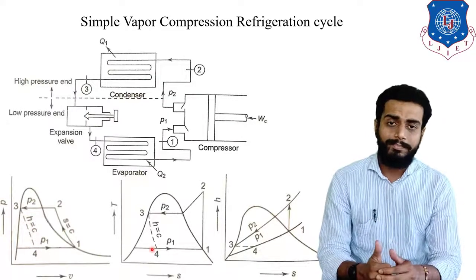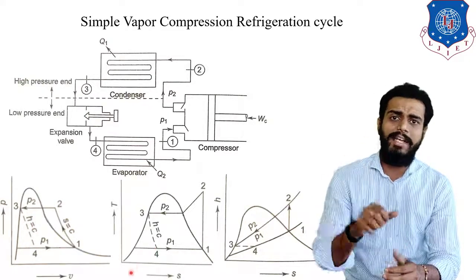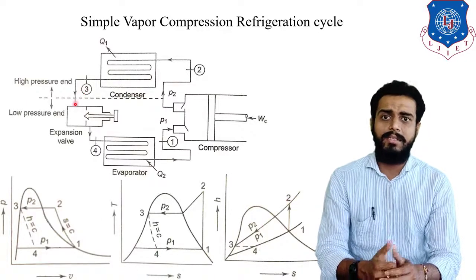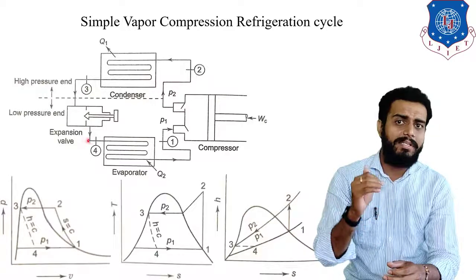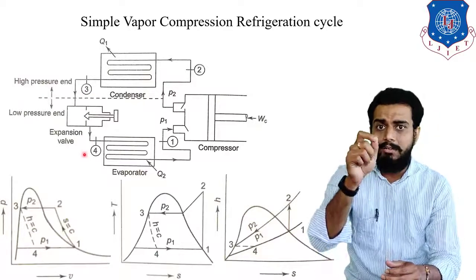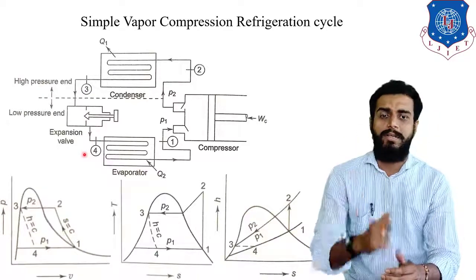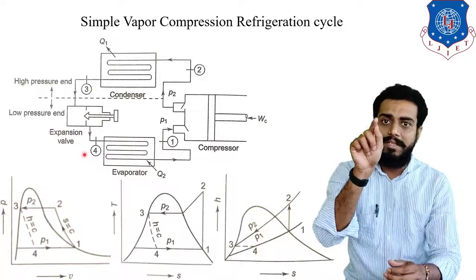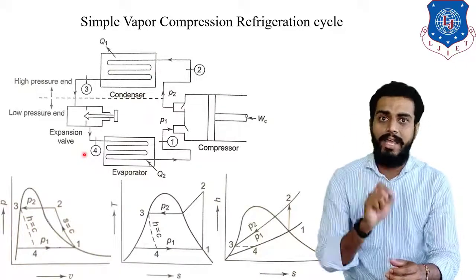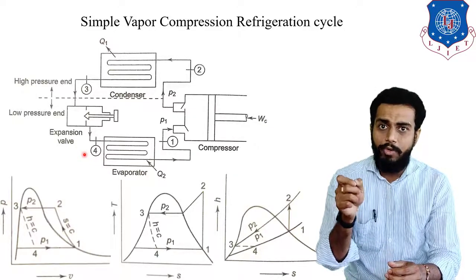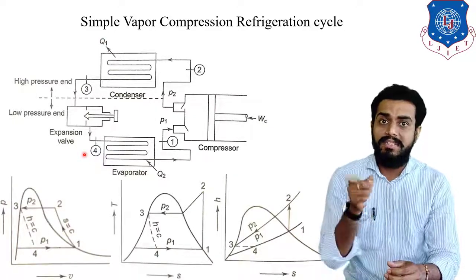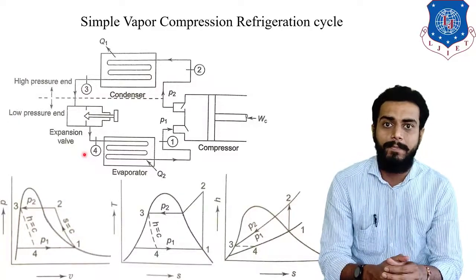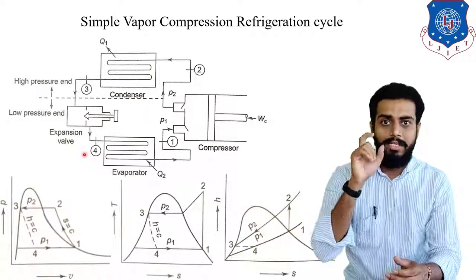Now, one more thing. Then at point number 3, you are entering high pressure, high temperature liquid, and it is converted into low pressure, low temperature liquid. Now it is converted into, sir, how much low pressure? Now that is very logical. Understand here. The pressure is decreased such a way that at that lower pressure, your saturation temperature will be less than the atmospheric temperature. Very crucial thing.